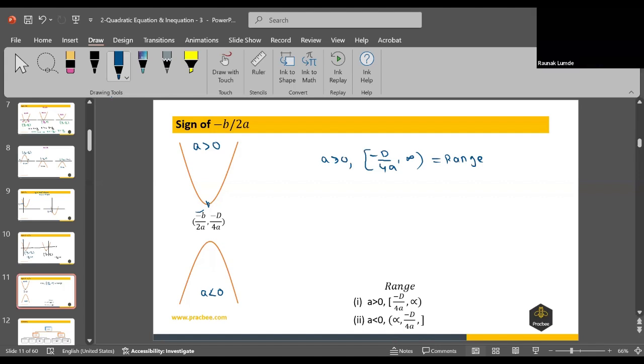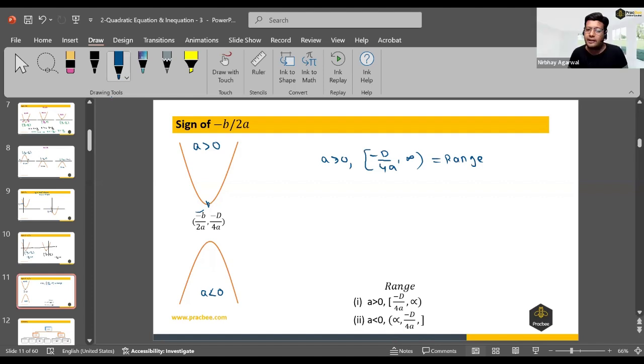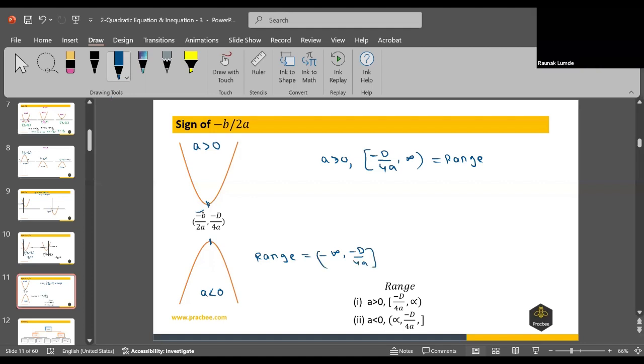Similarly, in the second case, this is the highest point of the parabola and the lowest point is minus infinity. So the range will become minus infinity to minus d by 4a when a is less than 0.